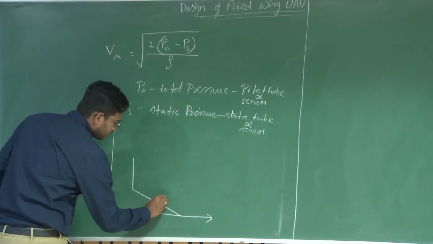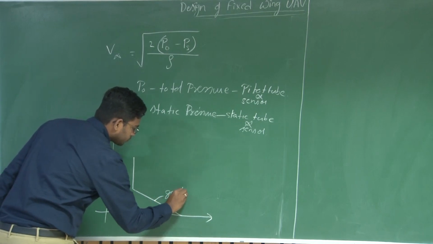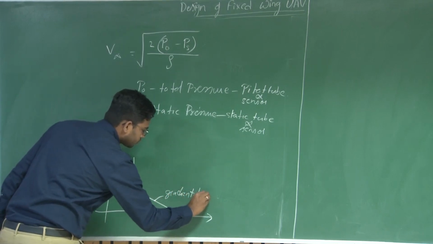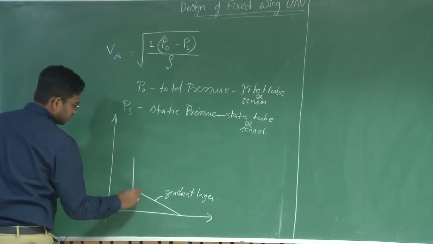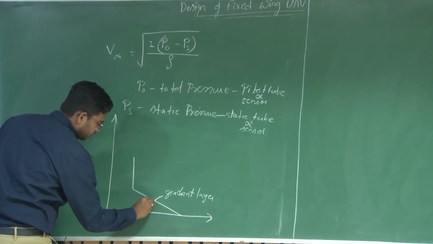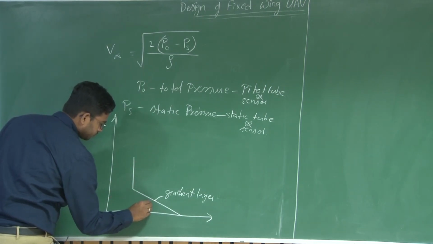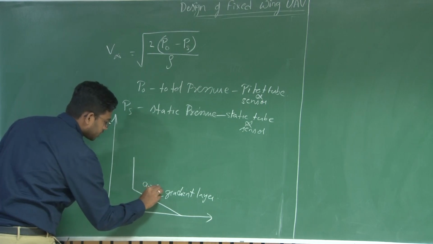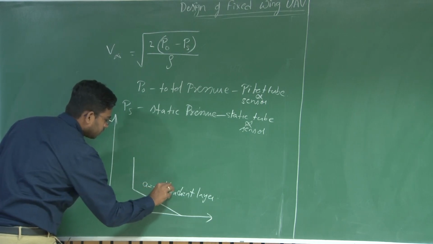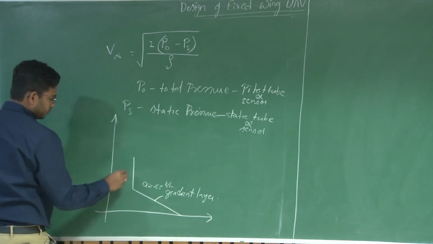This is a gradient layer, and the slope A is equal to minus 6.5 Kelvin per kilometer, right?